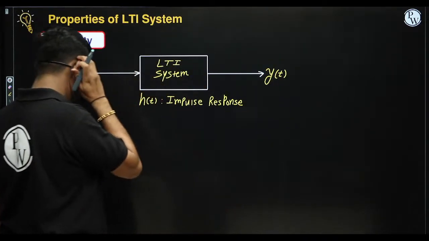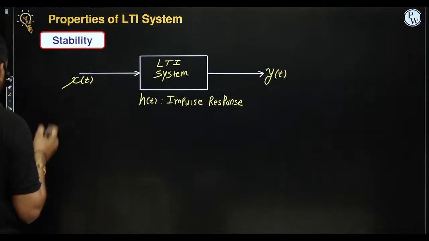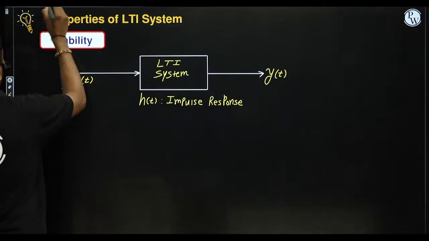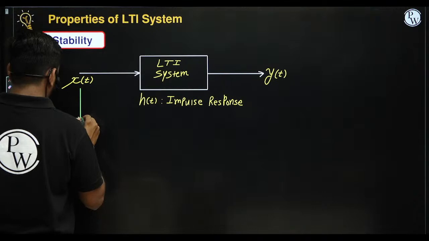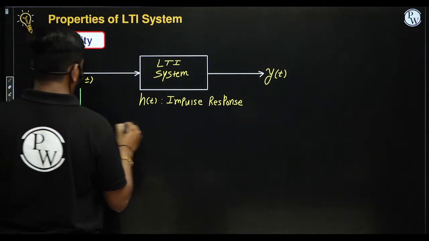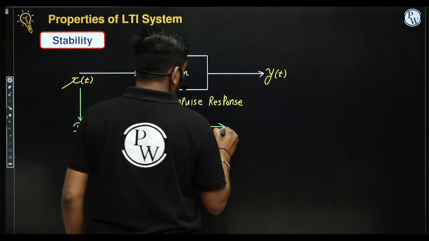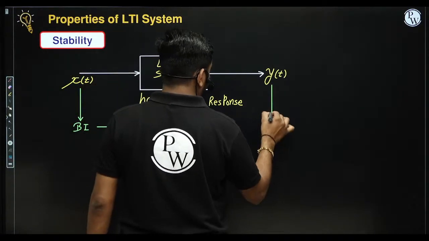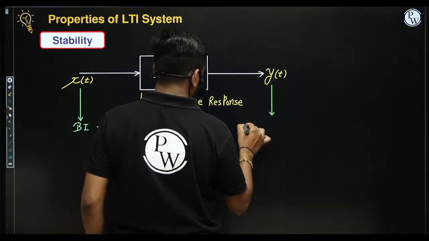Now see here, an LTI system is said to be stable if for the bounded input, as we have already seen in the first chapter, the output should be bounded. For any finite input signal, the output should be bounded, guys.